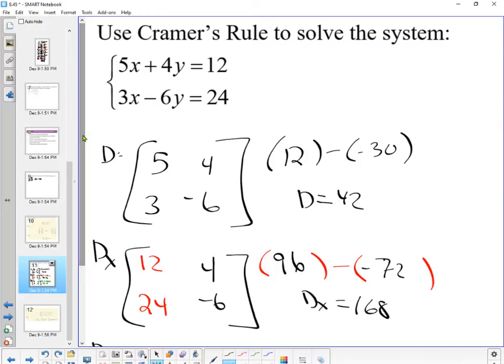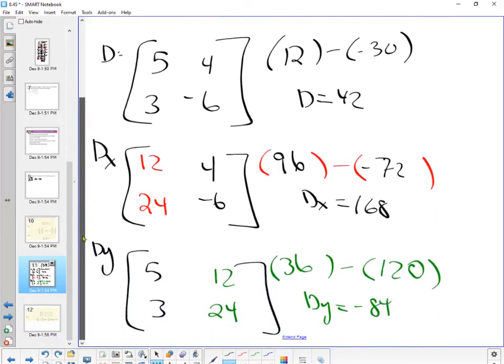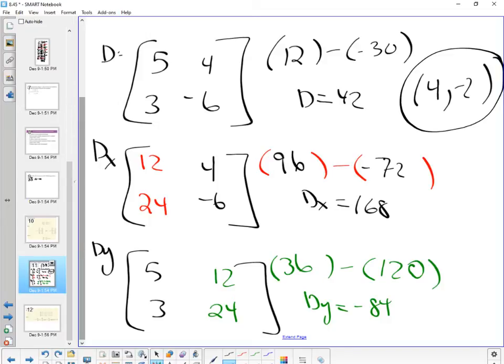The solution is d sub x over d, comma, d sub y over d. So what is 168 divided by 42? It's 4. So my x value for the solution is 4. What is negative 84 divided by 42? Negative 2. Therefore, the solution to the system is 4 comma negative 2.